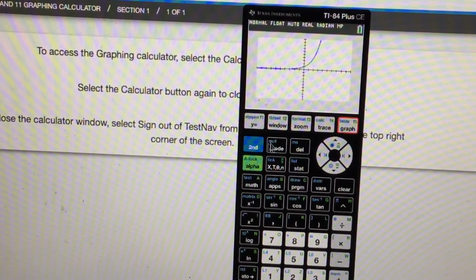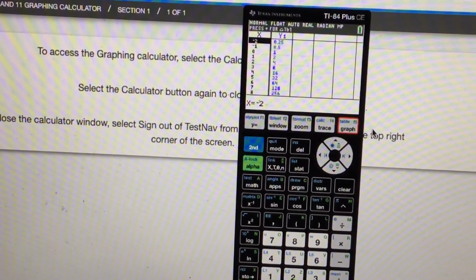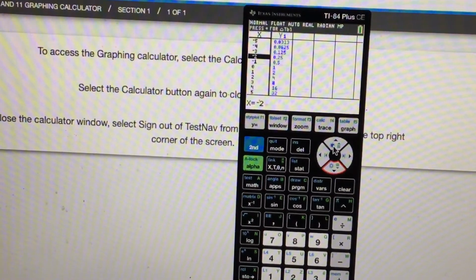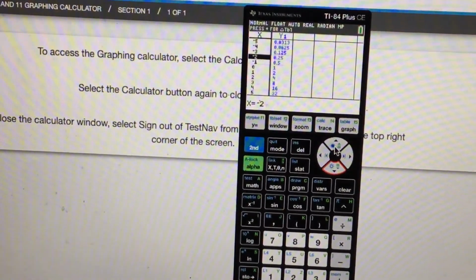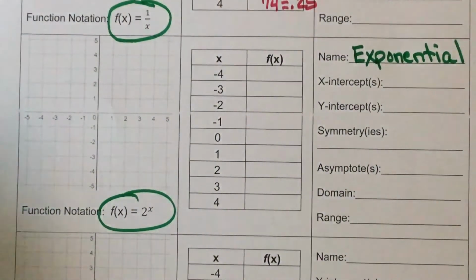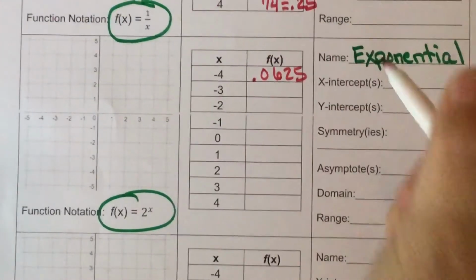So to hit the table, second, graph, and remember you may have to arrow up or arrow down to see certain numbers, and I'm going to just start writing down what I see. Okay? So -4, I see 0.0625.